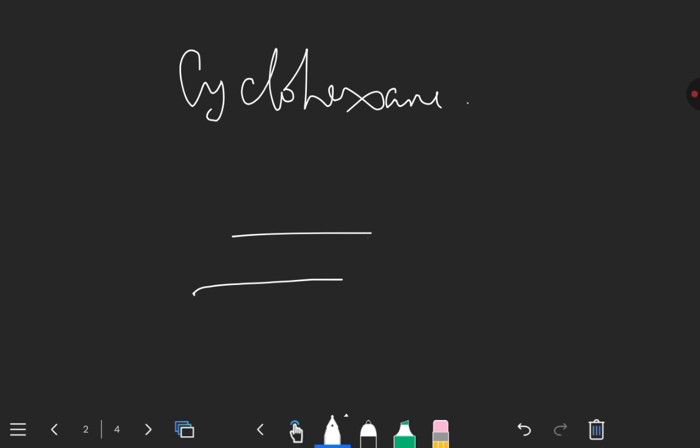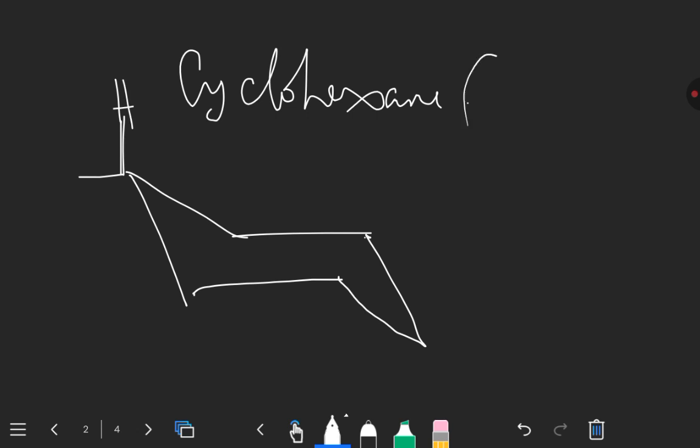Then the longer one should go like that. Then this side also must have that. Then we can put, so axial, it is on top. So here, let me even introduce axial and equatorial bonds.